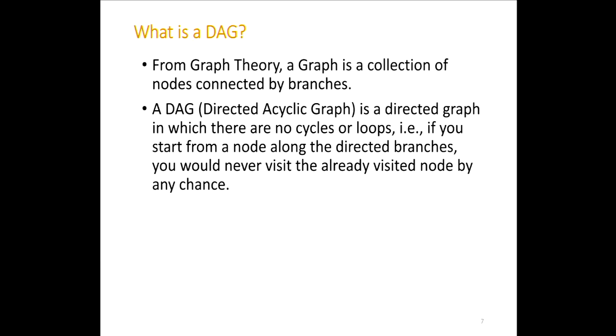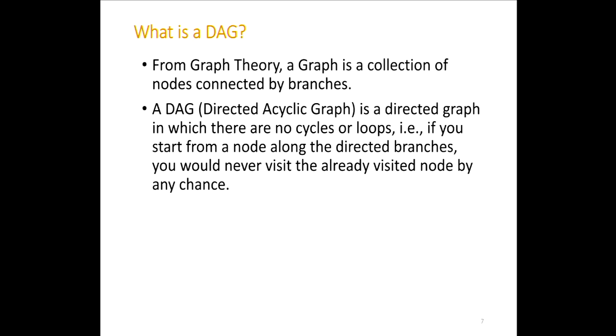So what does this mean? It means that when you transition from one node to another in this graph, there is no chance whatsoever that you'll go back to the same node again. It's directed, it's not going to circle around, so it's acyclic.